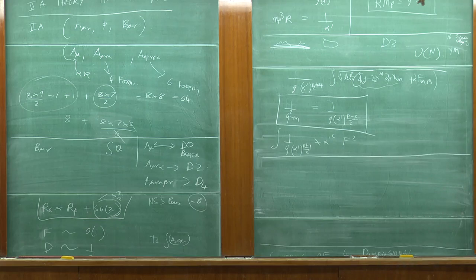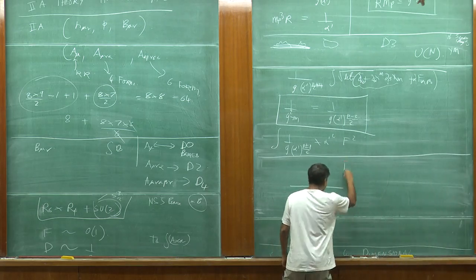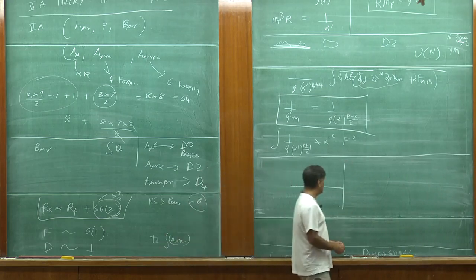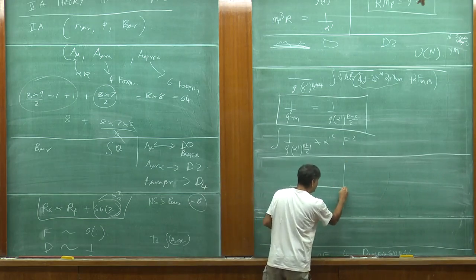So the rule is a bit different when you have NS5 branes. When you go through the supersymmetry analysis, it turns out that the following configurations of D4 branes and NS5 branes are supersymmetric: when you have a D4 brane ending on an NS5 brane.